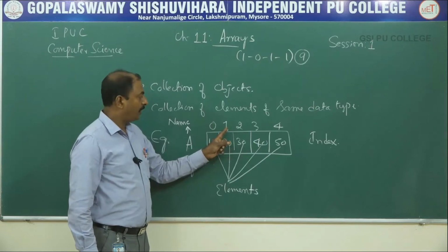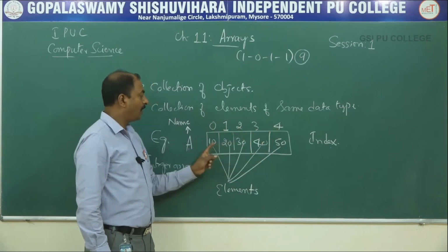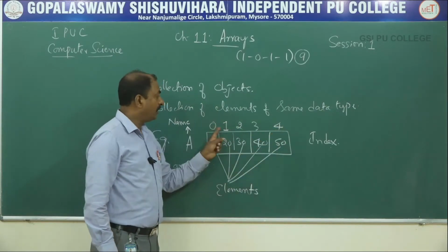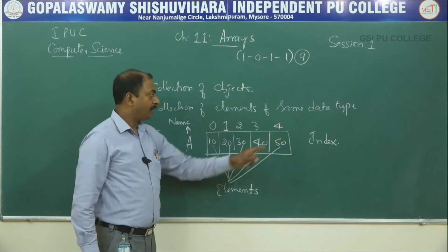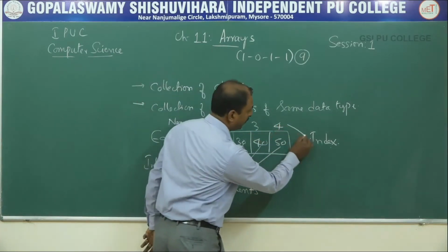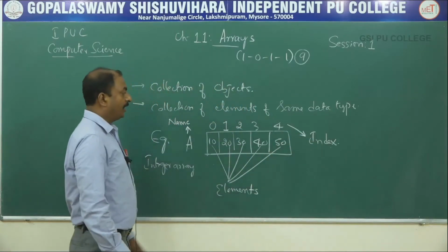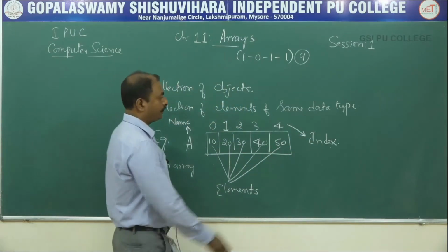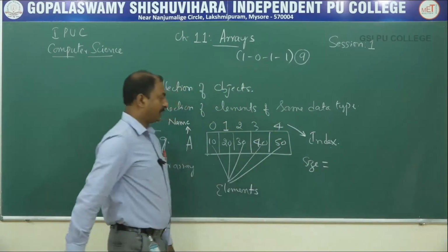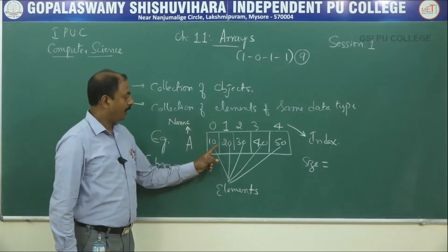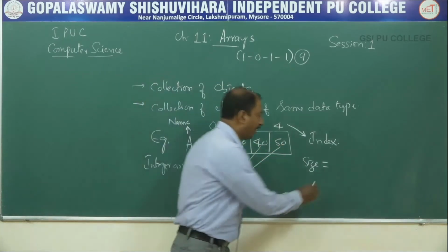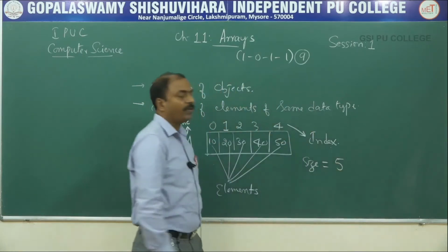Here all the elements are stored in a definite order. In this example, the size equals 5. There are 5 elements in an array. The size of an array is 5.